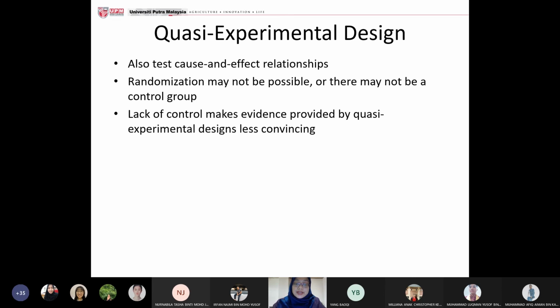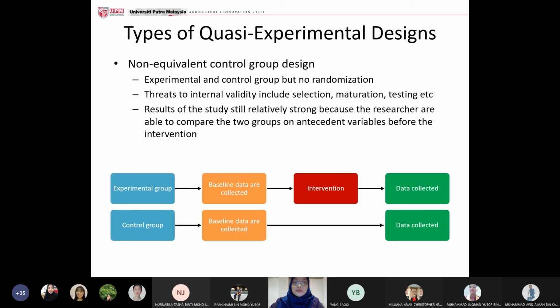The lack of control makes the evidence less convincing, but it can still be used to test the cause and effect relationship. One type of quasi-experimental design has experimental and control groups, the two groups, but they don't do any randomization.